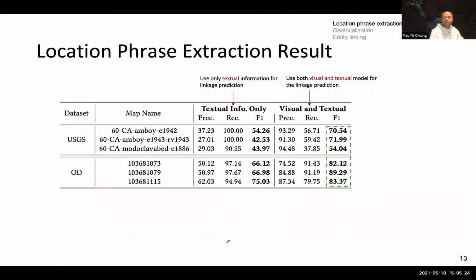All right, for location phrase extraction, we tested using only the textual information for linkage prediction, and using both the visual and textual model. You can see that by using both visual and textual models, our F1 score is pretty good. Precision is pretty good as well for all the tested maps. Recall was okay for USGS maps.